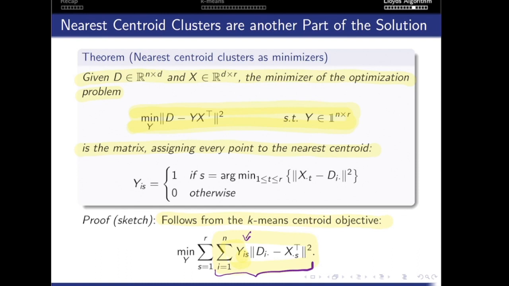So which s do we choose? Well, if we want to minimize, we choose of course the s for which this value is the smallest one. So we choose the cluster whose centroid is closest to our data point D_i.